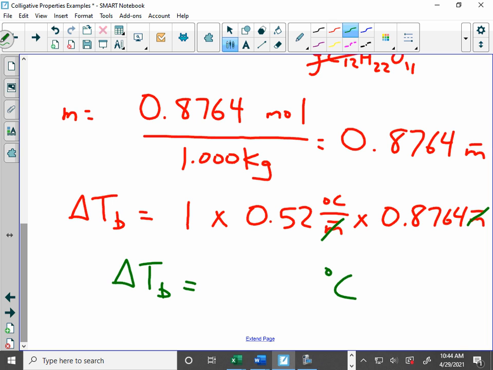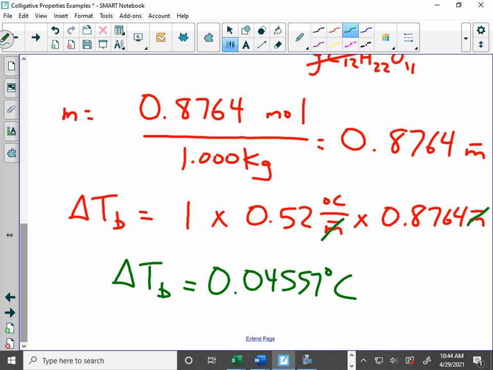So I take my 1 times 0.52 times 0.8764, and I come up with a value of 0.0457 degrees Celsius.